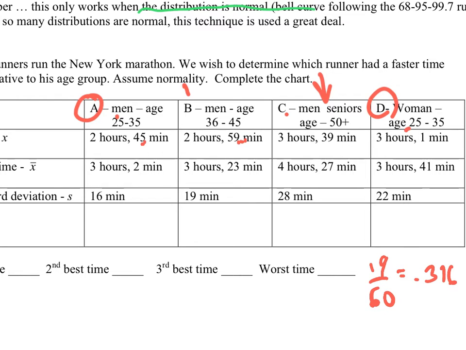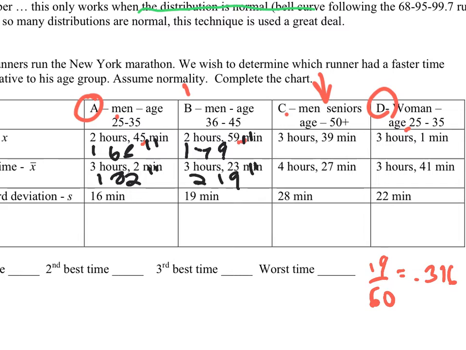Fine. Then what is 2 hours worth? 120 minutes. Add that 120 to 45, and that becomes 165 minutes. Let's do the average of that race. 3 hours is 180. Add it to 2, that's 182. 2 hours added to 59 is 179 minutes. 3 hours added to 23 is 203.